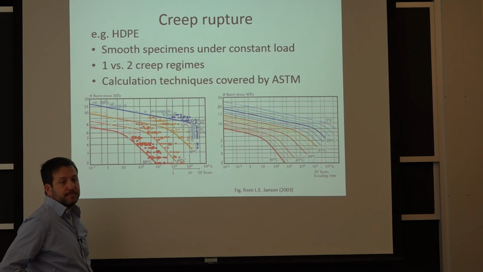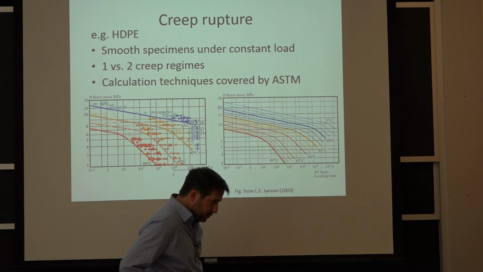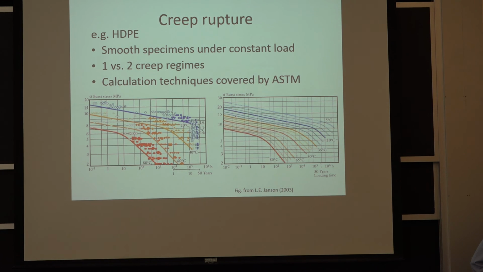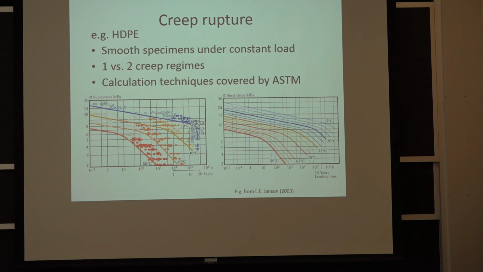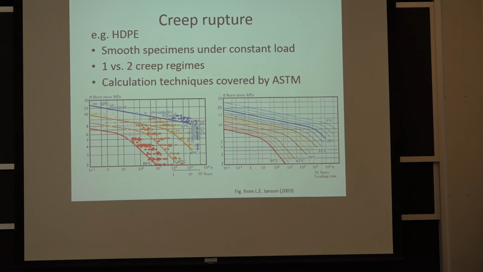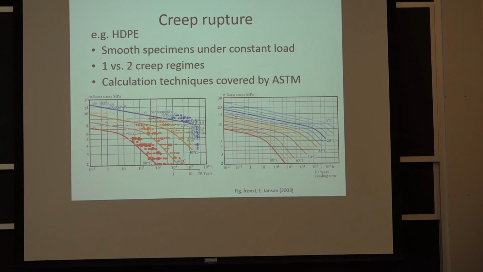That's a factor of 4. And that's actually how a lot of the design of these structural plastics is done, is you accelerate the temperature a little bit, and you give them about a 4-month period of testing.